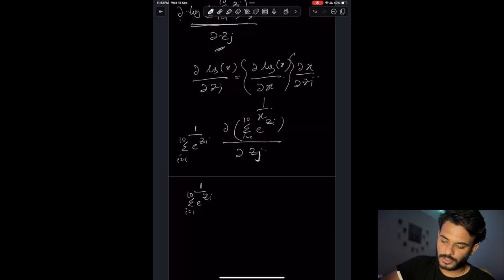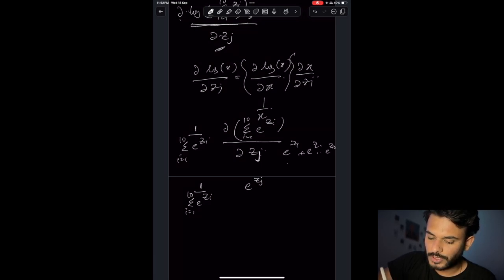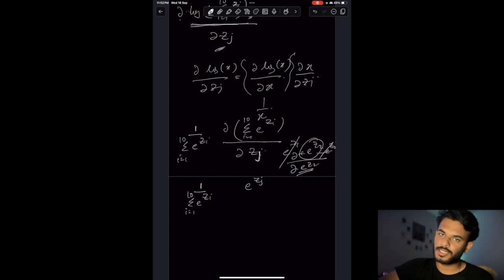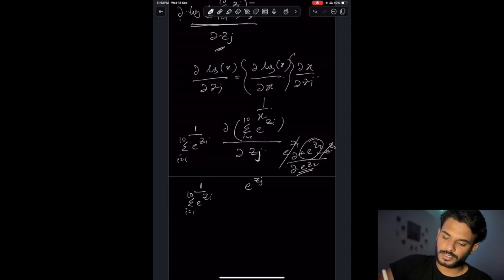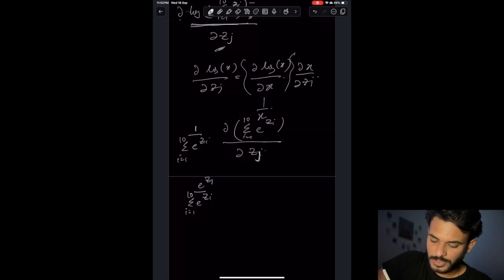So this will become e raised power zz, because e raised power z1 plus e raised power z2 up to e raised power z10, if you differentiate it with respect to e raised power z2, let's say, these terms will come out to be 0, all these terms will come out to be 0, and then it will be the differentiation of e raised power z2 with respect to e raised power z2, which is again e raised power z2. The differentiation of e raised power x with respect to x is e raised power x. So this comes out to be this one, and then it could be written as something like this, e raised power zj. So this is basically sj.